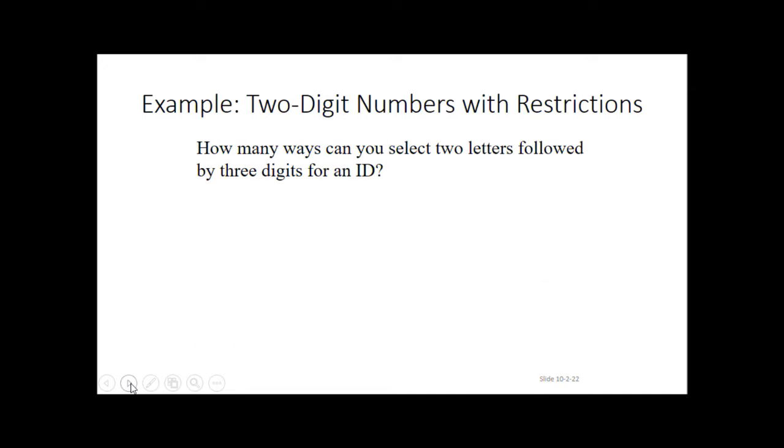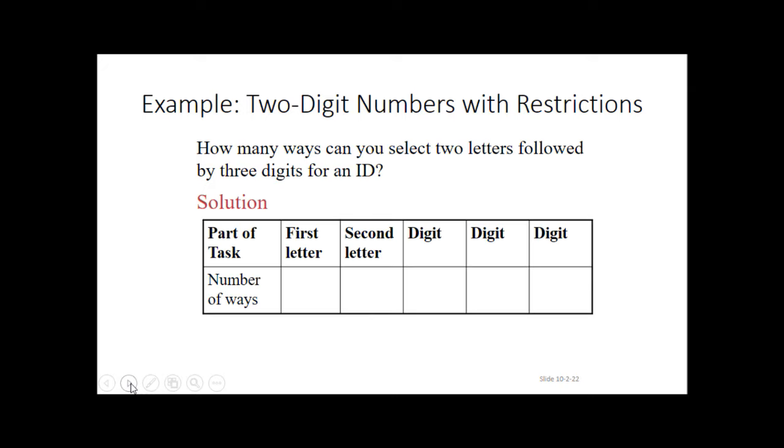How many ways can you select 2 letters followed by 3 digits for an ID tag? So this has many parts to the task, right? We have to choose the first letter, the second letter, and the 3 digits. By the way, in the fundamental counting principle, the order matters in the sense that you have a first and a second, or you have different categories.